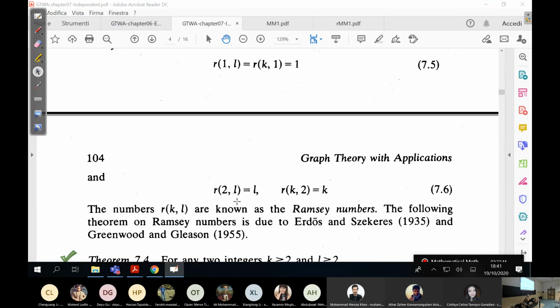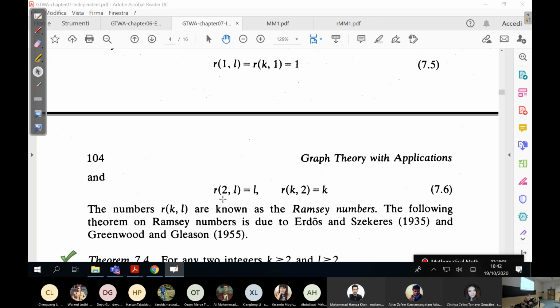Can you see that? What is a clique of 2? I already told you. Just an edge. So if you have at least one edge, you are already done because you have a clique of 2.